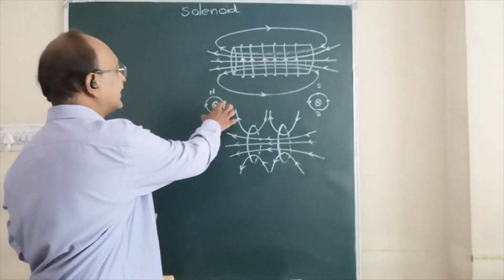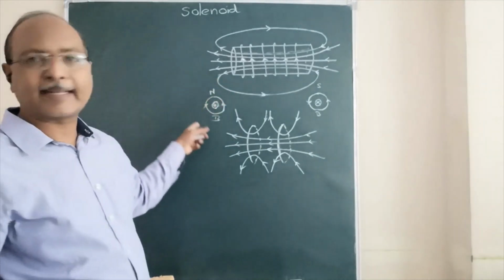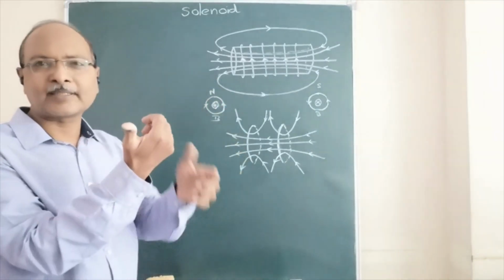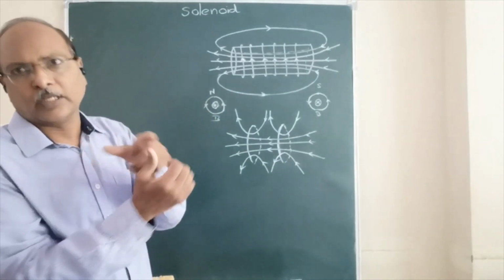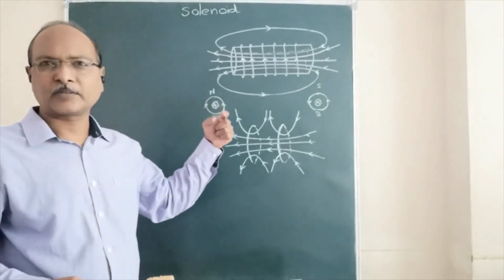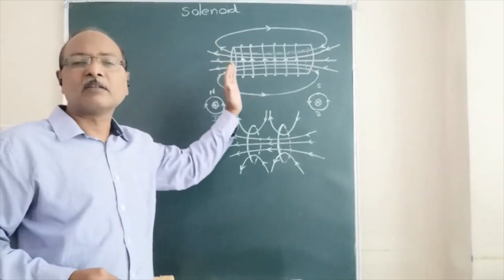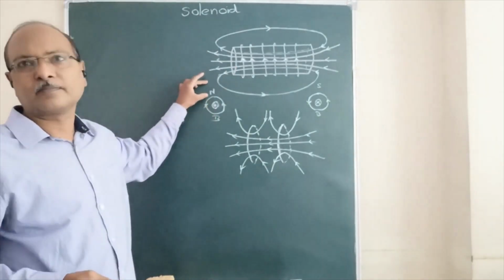Using the right hand thumb rule, the thumb is pointing outwards, so the magnetic field is coming out. So this face will act like a north pole.